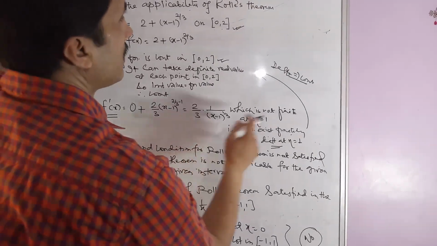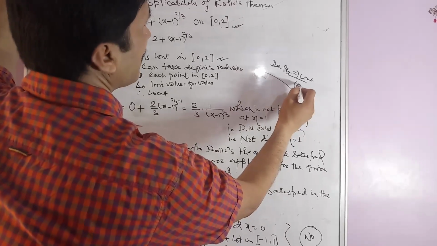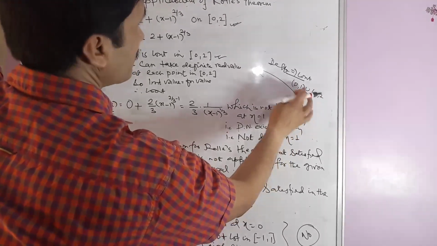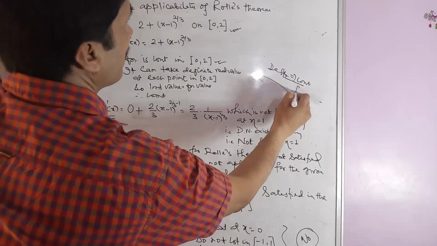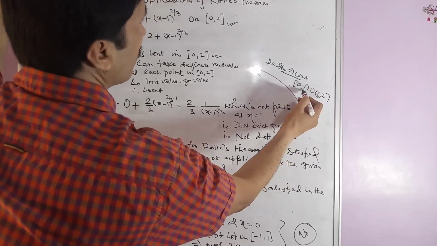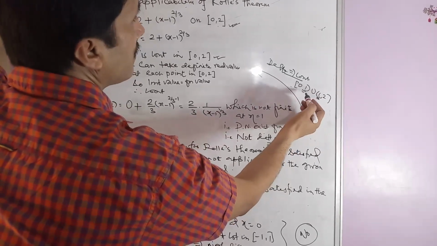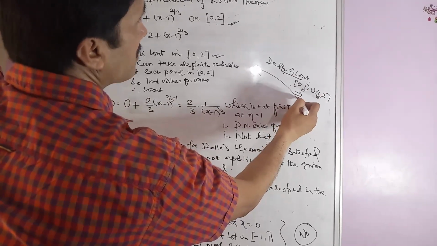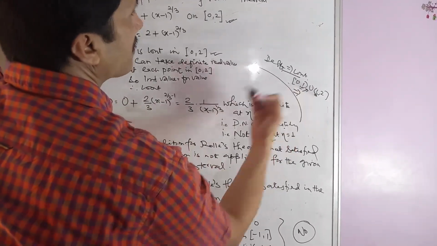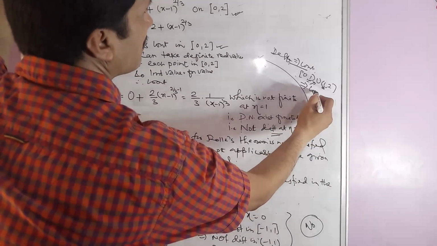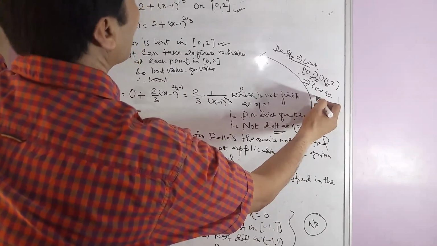So it is differentiable in 0 to 1 union 1 to 2, open intervals around 1. Differentiability implies continuity, so this implies also continuous in this interval. Here we check only continuity at x equal to 1.